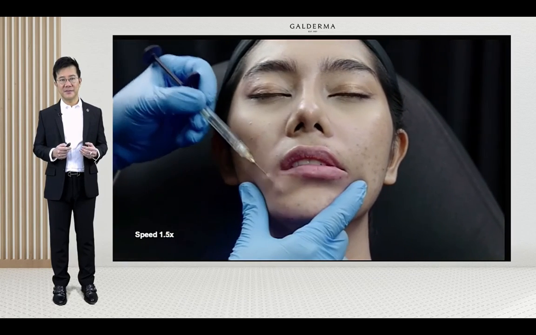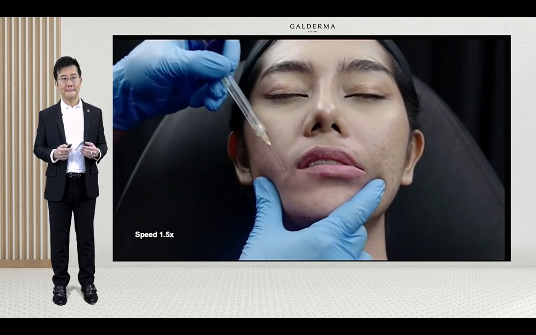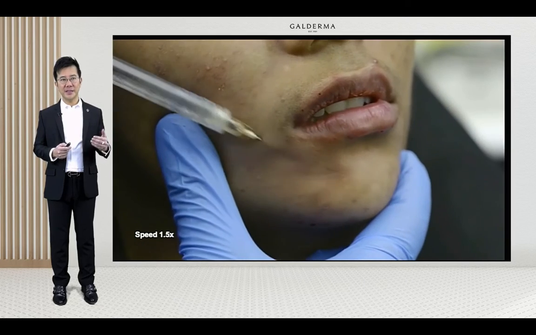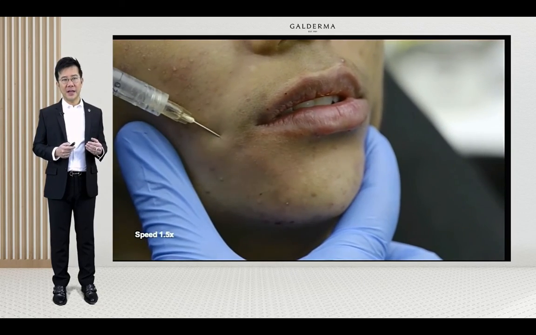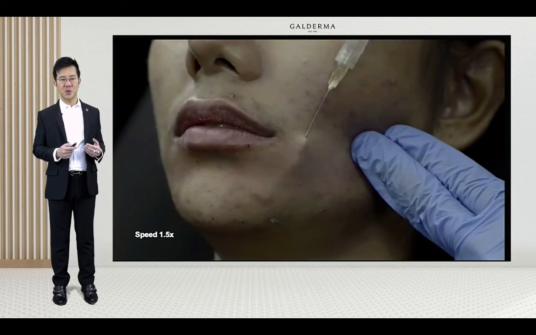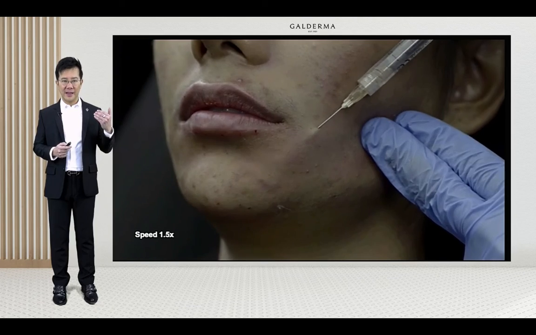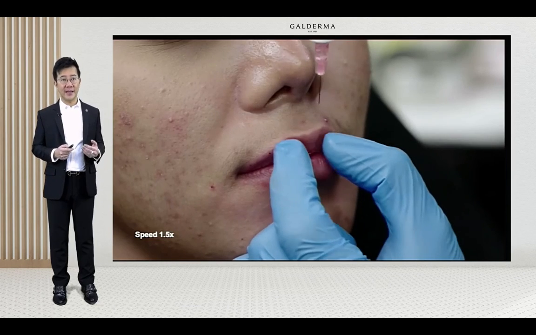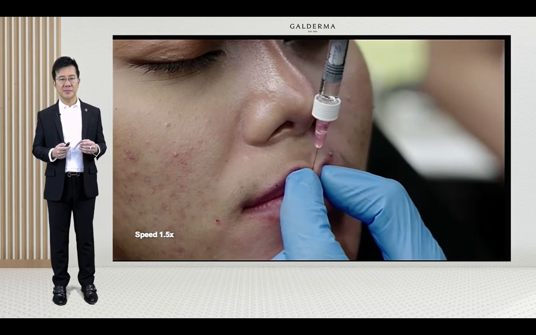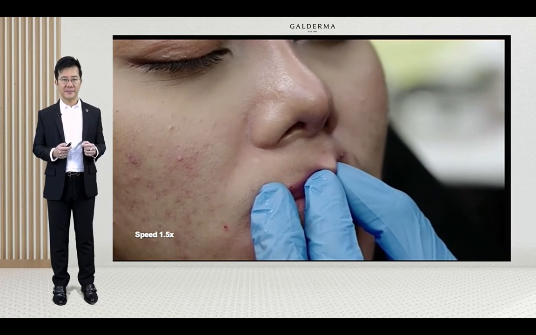Then move to the malleolate area. As you can see, I use the cannula as a dissection tool to release adhesion before injection with a retrograde fanning technique. And last, to create a small tubercle here, very little here.